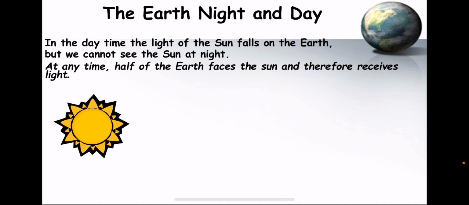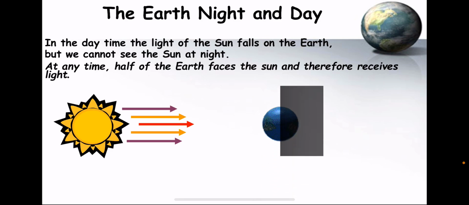Now you can see this is the sun and this is the light, and now you can see the earth is spinning. As the earth moves around the sun, it rotates on its axis. So we are having day and night.